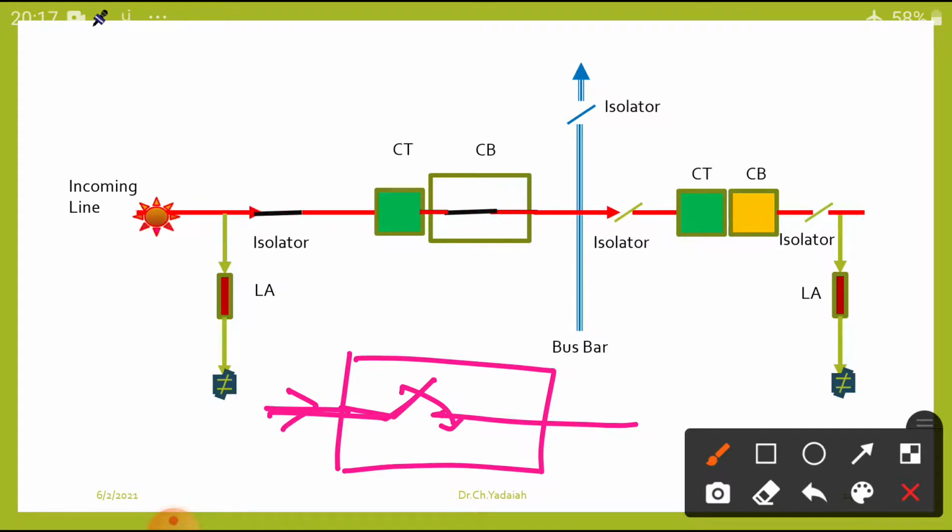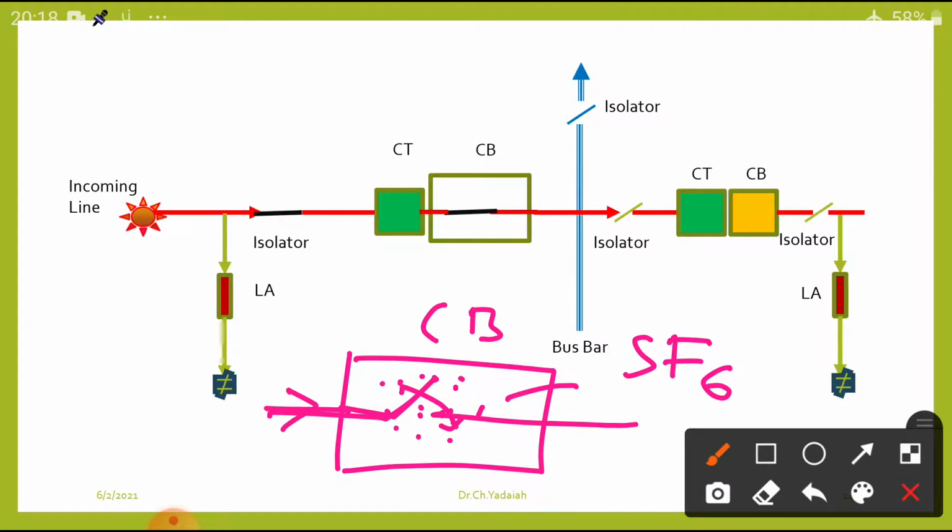During this process, a spark or arc may occur. This arc is quenched with the help of SF6 gas, sulfur hexafluoride gas. That's why no spark or arc comes out of the chamber. This is a circuit breaker.